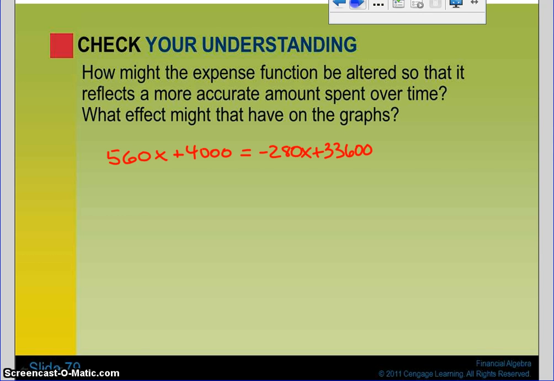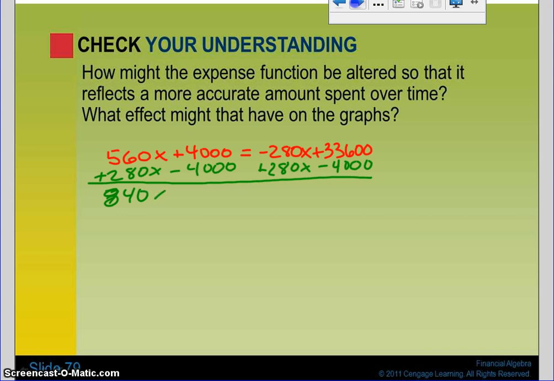Now the goal here is that when we solve for x and then we get our values, they should be the same. So I'm going to add 280x to both sides, and I'm going to subtract 4,000 from both sides. So here I get 840x equals, these values cancel out, and I get 29,600.